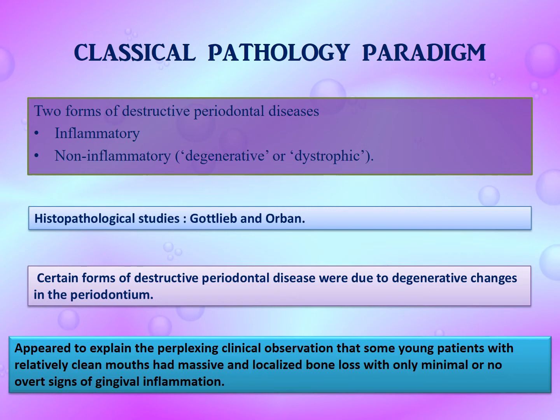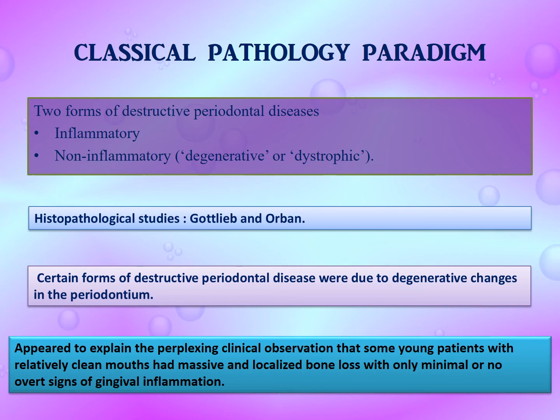Gottlieb had discovered a condition known as cementopathia, which is an impairment in the cementum deposition. He said that this cementopathia was thought to be initiated by the degeneration of the principal fibers of the periodontal ligament that eventually resulted in the detachment of the connective tissue from the tooth, followed by resorption of the alveolar bone.